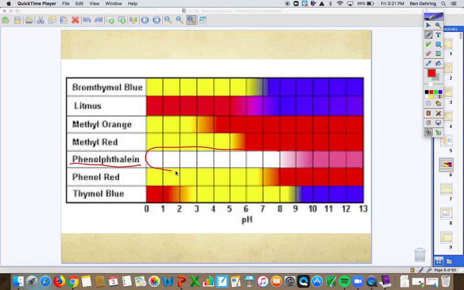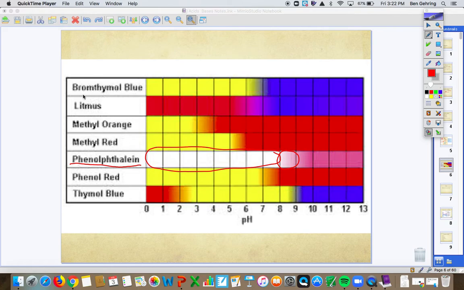So it doesn't give you a real specific pH, but it gives you a range. If you get a slightly pink color, you have a pH of between 8 and 9. Anything dark pink is going to be greater than 9 and 10. This indicator will change colors based on the pH of the substance. We're going to look at that in lab, and we use these to tell when we have neutralized our acids or our bases accordingly.